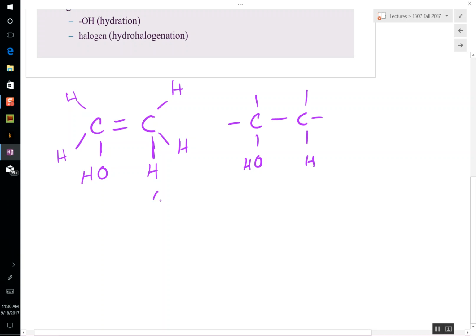Well, if you turned it around, you would get this molecule, but because there's only two carbons in this compound, those are superimposable. I could take this and flip it around and drop it right on top of B, right? I could take A and drop it right on top of B. Same compound.